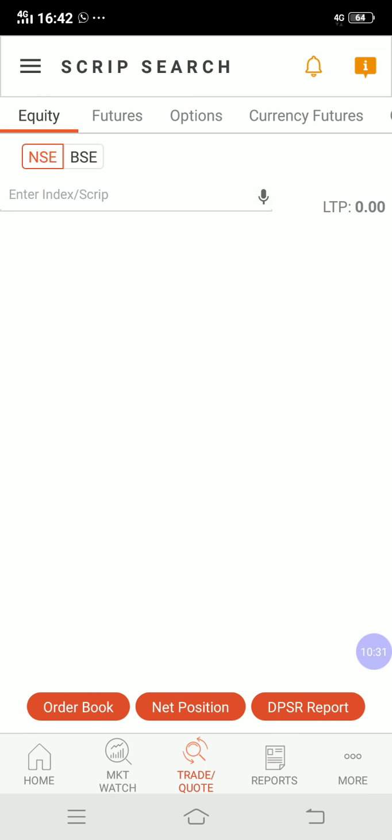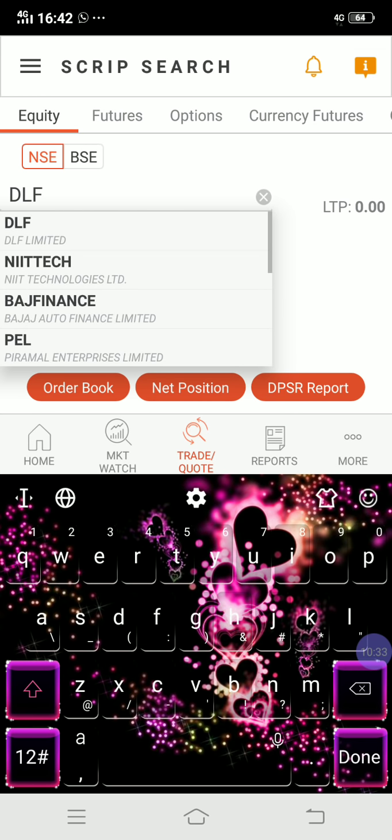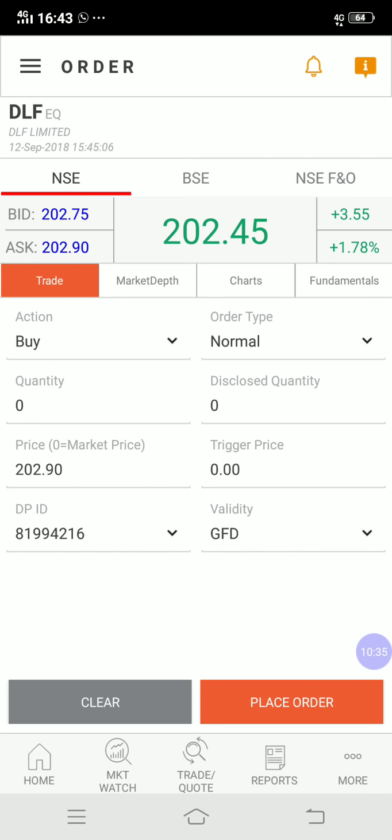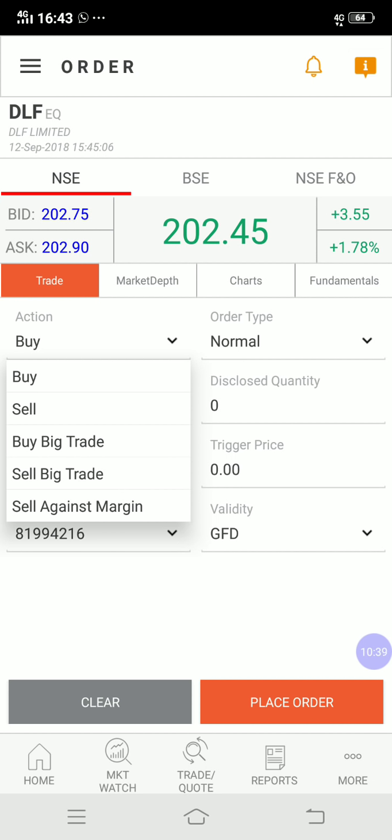Now equity DLF, okay, buy. So I want to go for a bracket order. So leave it off bracket order. I want to go for a big trade. What is big trade? Big trade is nothing but giving you the exposure. Buy big trade means the system automatically considers the leverage exposure the client is eligible for.